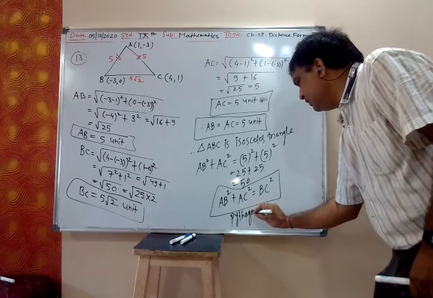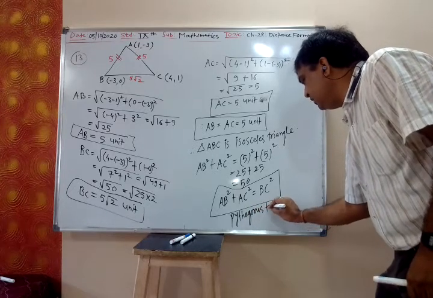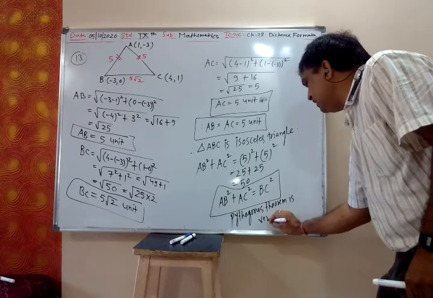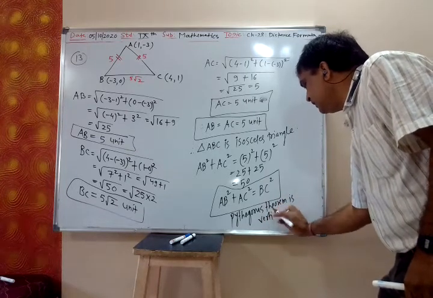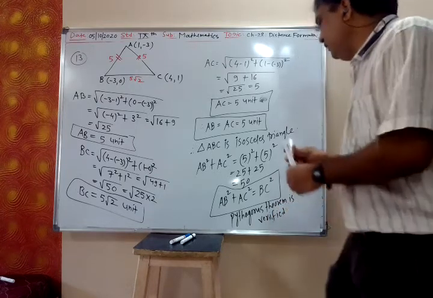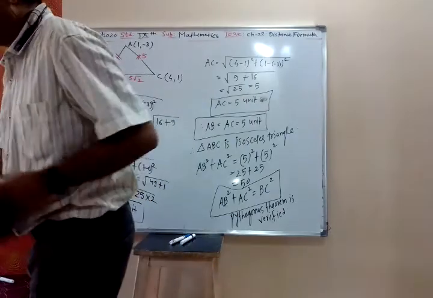You have studied this in 7th standard. To show that the given triangle is a right angle triangle, the Pythagoras theorem is verified. Therefore, triangle ABC is a right angle triangle.